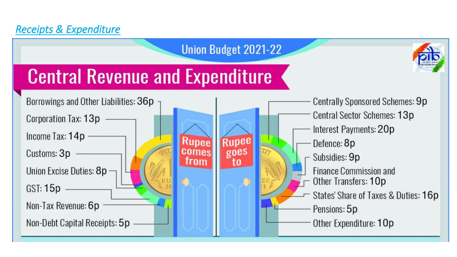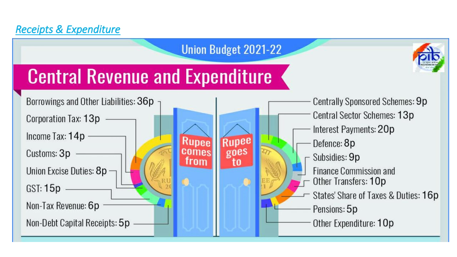On the expenditure side, the larger share of expenditure is interest payment. If the government is borrowing, with a larger share of receipts from borrowings and other liabilities, it is natural that the government is liable to repay, and a larger share of government revenue will be spent on interest payment, that is 20%.